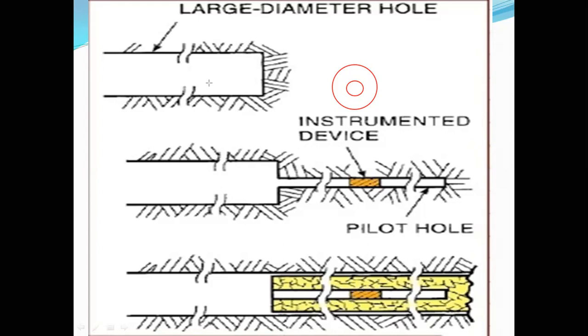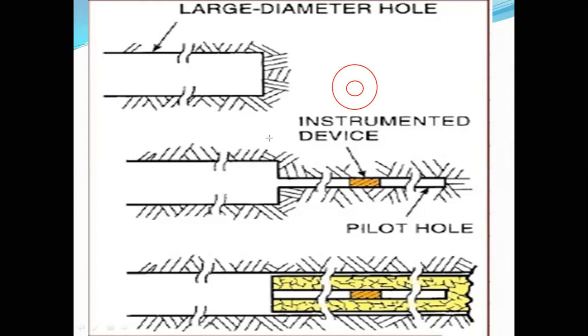I'll repeat it once again. This is another method of in-situ stress measurement. In this method, a larger borehole of NX size is drilled initially. After that, a pilot hole having a smaller diameter is drilled.